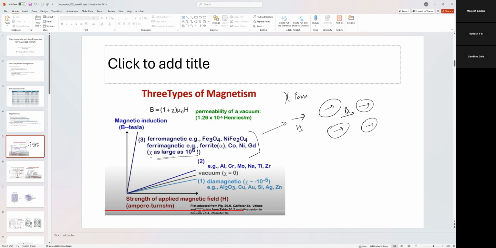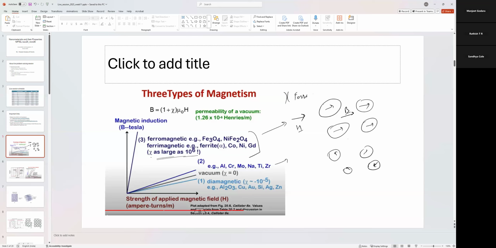In the case of paramagnetic materials, yes, they also have unpaired electrons, but the magnetic domains do not interact very strongly, and they are randomly oriented.